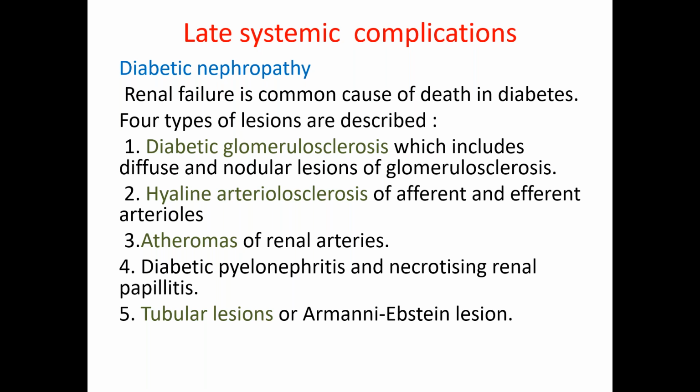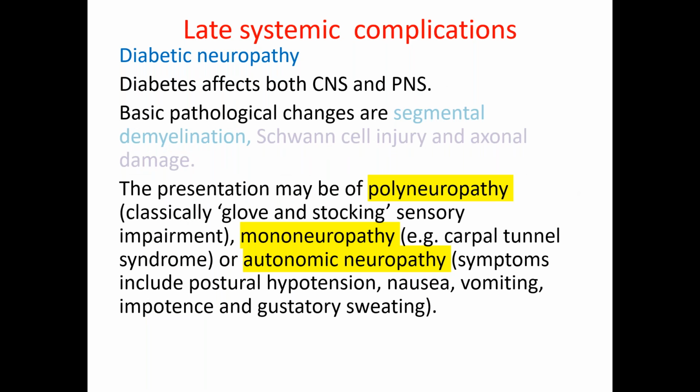And in the tubular lesions, continued uncontrolled diabetes is associated with hyperglycemia and glycosuria. This glucose is taken up by the proximal convoluted tubules, and the tubular lesions develop, described as Armanni-Ebstein lesion, vacuolation of the proximal convoluted tubular epithelial cells due to glycogen. That is about diabetic nephropathy.